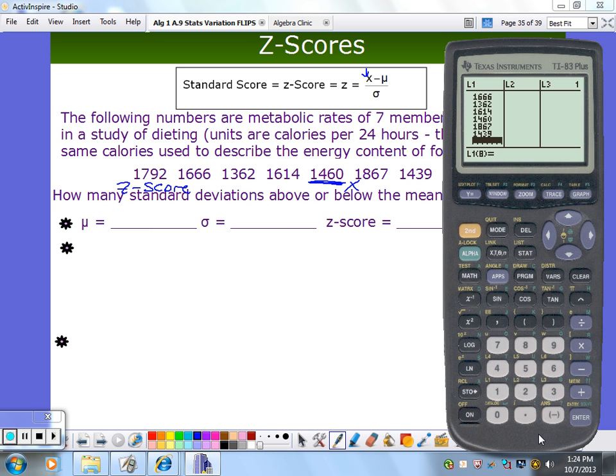We're working this problem, so I'm just doing this first part where they're blanks. Now, how do I find what I need? Stat, calc, one variable statistics. Depending on which calculator you have, you might have to type in the list. This one I don't have to. So what's my mean? 1600. Here's my standard deviation right here, 175.2.